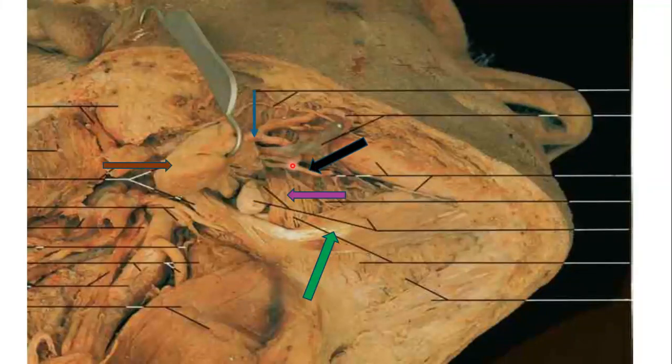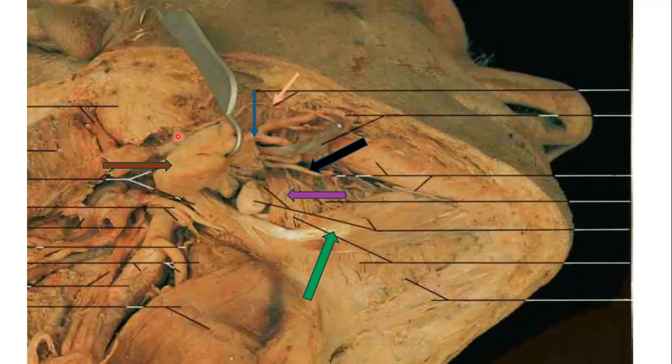and that's the facial artery. This one here is the facial vein. Okay, facial artery usually lies deep to the submandibular gland, but the vein lies superficial. So the submandibular gland is found between the two and separates the facial artery from its vein.